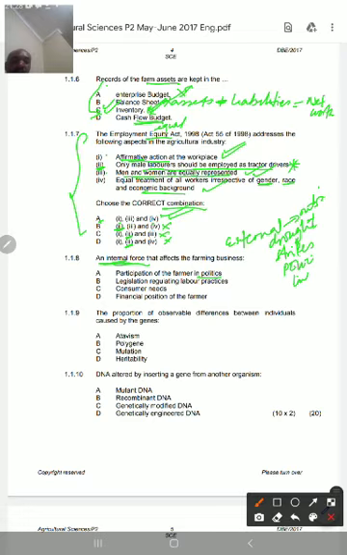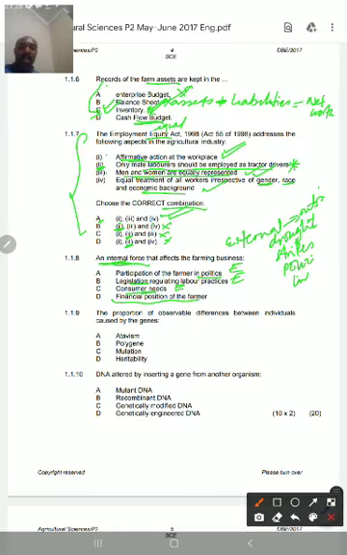Participation in politics, no, it's an external force. Legislation, external. Consumer needs, a farmer cannot control consumers out there, what they need, whether they need his product or not. He can only advertise but not control. So it's external.